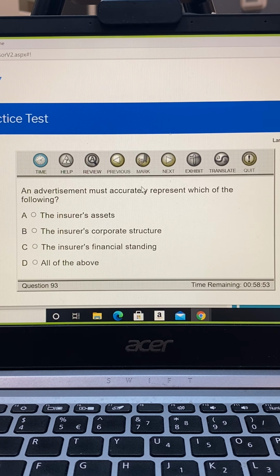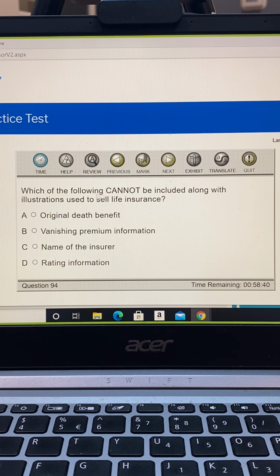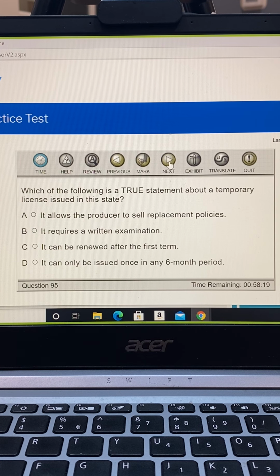An advertisement must accurately represent which of the following? All of the above. Which of the following cannot be included along with illustrations used to sell life insurance? Vanishing premium information. Yeah, that sounds like it.